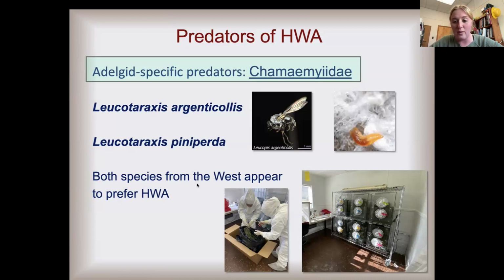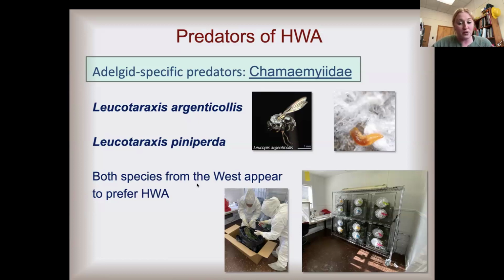We haven't figured that out. So we're relying on captures of Western foliage shipped to us at the quarantine facility here at Virginia Tech, and we rear out adult flies. I'm working boots on the ground, trying to release these flies and also understand what their ultimate impact on HWA could be. And you're probably wondering, why do we need another predator? We already have the beetles that I talked about.